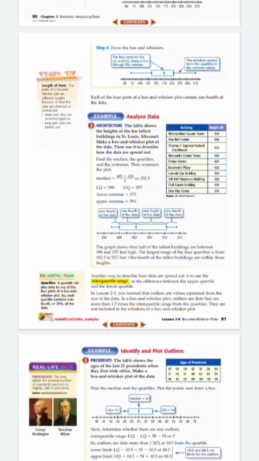Outliers are data that are more than 1.5 times the interquartile range from the quartiles, and are not included in the whiskers of a box and whisker plot. New vocabulary: lower quartile, upper quartile, box and whisker plot, lower extreme, upper extreme, interquartile range.